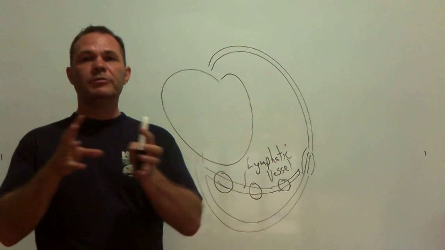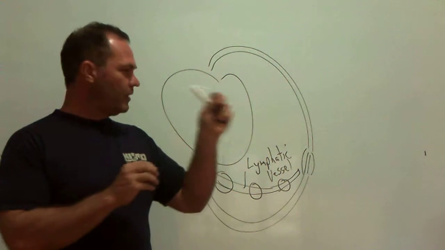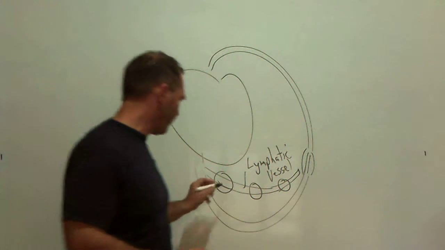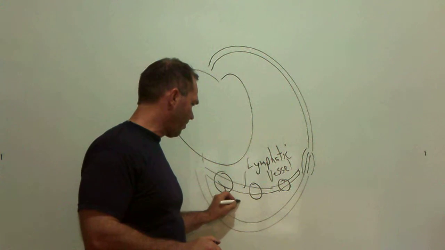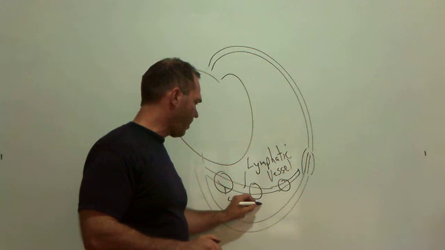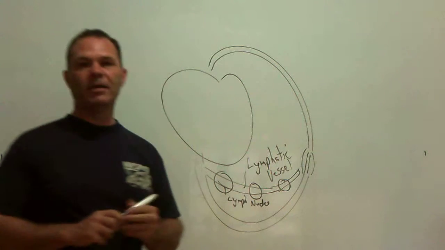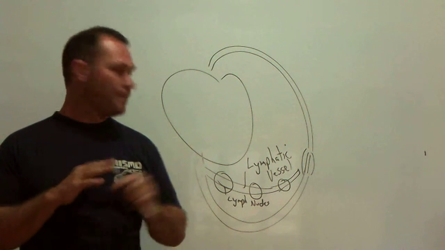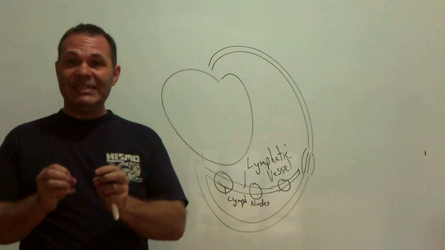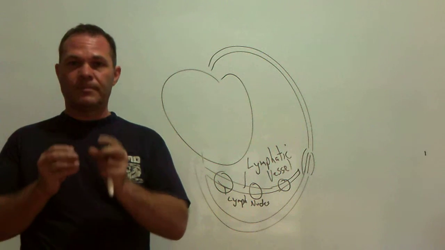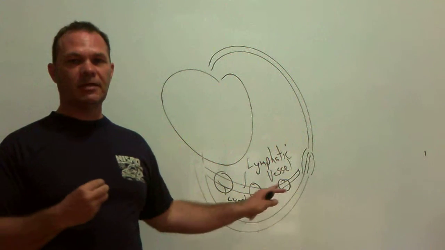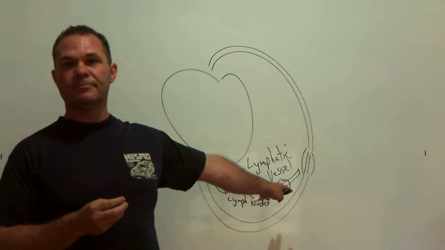So these little nodes that I'm putting along the length of the lymphatic vessel are called lymph nodes. And they're going to be loaded with immune cells, B cells, T cells. And effectively what they're going to be doing is sampling, tasting that fluid that is being sucked out of the tissues.